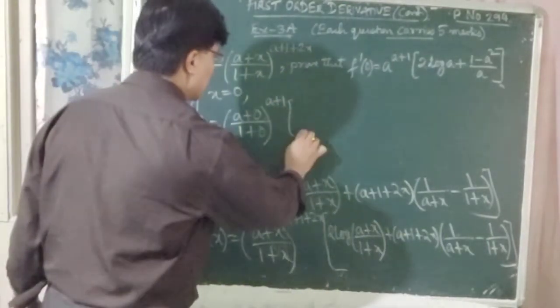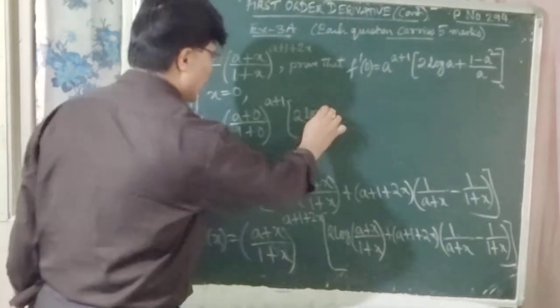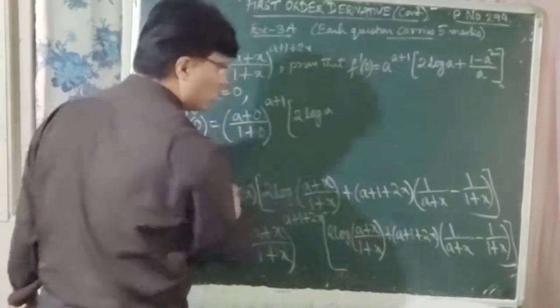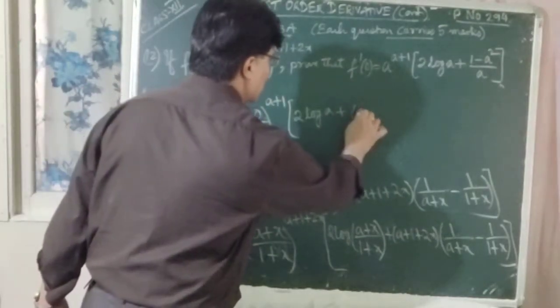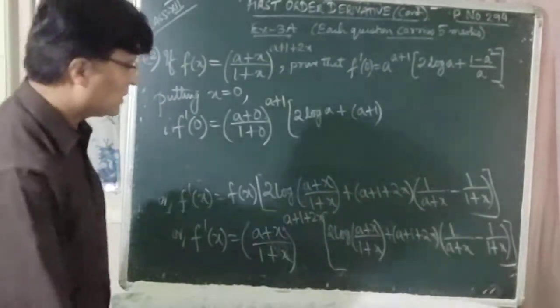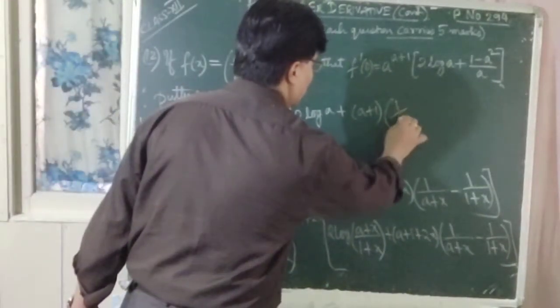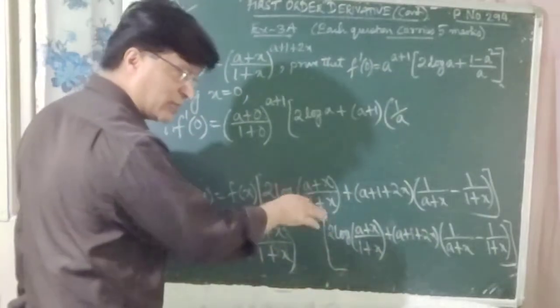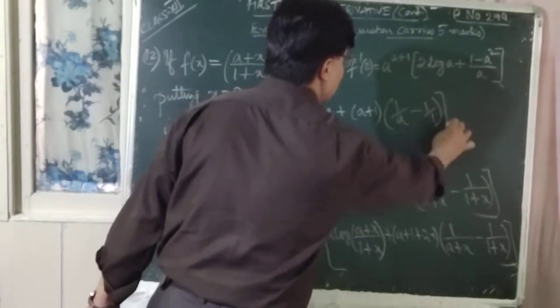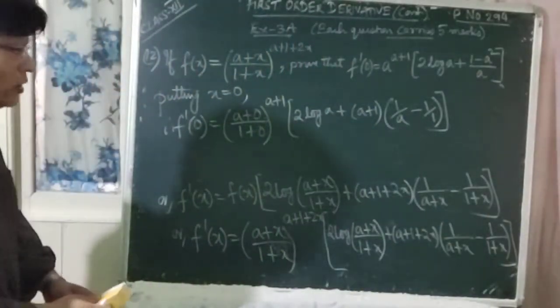So within third bracket, what do we get? 2 log of, this is a plus 0 divided by 1 plus 0, that is a only, okay? Plus, within bracket a plus 1 only, because 2 into 0 is 0, right? And within bracket it is 1 upon a plus 0 is a, because x here is 0, minus 1 upon 1. First bracket closed, third bracket is also closed.